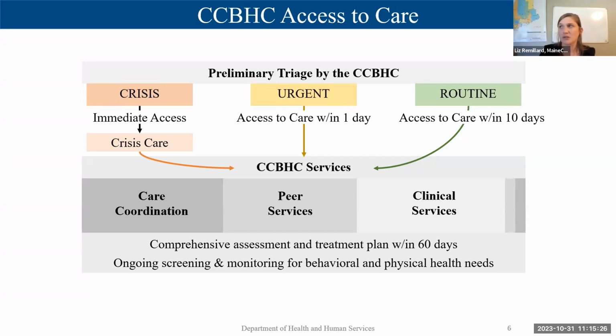That there's a preliminary triage and screening for people who are seeking CCBHC services, and if they're in crisis or have urgent needs, that they receive the care and the services that they need immediately or within a day of seeking and requesting care. For people who have routine needs or are identified to have routine needs, that they receive access within 10 days of reaching out and requesting services.